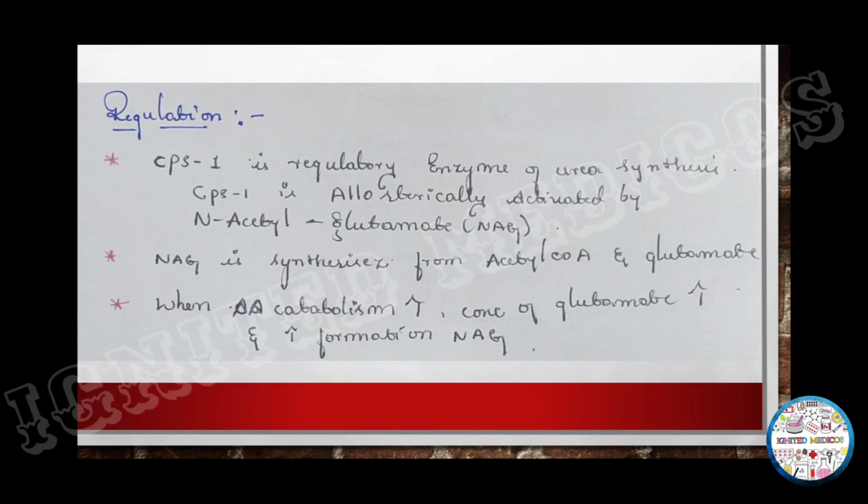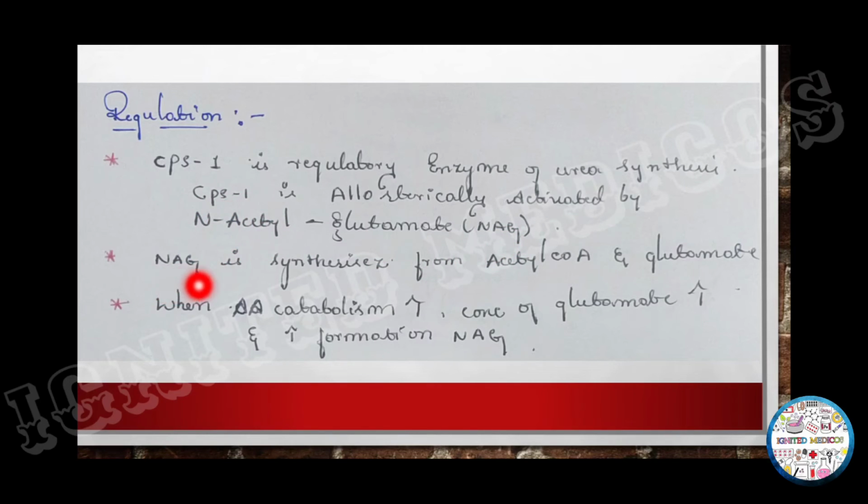Now let us move on to the regulatory part of the urea cycle. The regulation of the urea cycle is at the first step. Carbamyl phosphate synthase 1 is the regulating enzyme in urea synthesis. It is allosterically activated by N-acetyl glutamate, that is NAG. For the activation of CPS1 we need NAG; without NAG it is not activated.